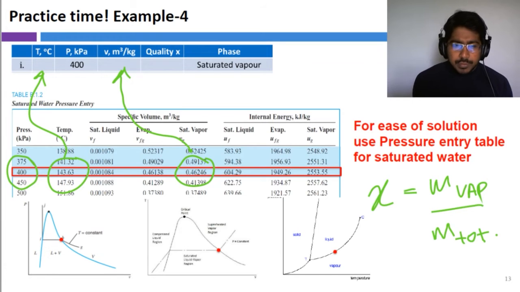On the saturated vapor line, if our state is on the saturated vapor line, can we have liquid in our mixture? No, right? Because saturated vapor line stands for this.